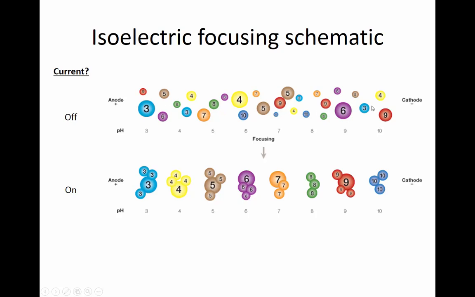So again, you can have your proteins distributed throughout the gel. With the current off, they're kind of randomly distributed here, but once the current is on, the proteins will migrate towards wherever they're neutral. So pH 3 would be down here towards the anode, pH 9 and 10 would be down here towards the cathode.